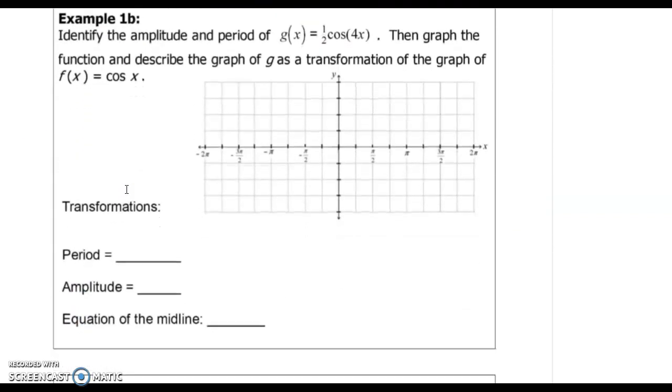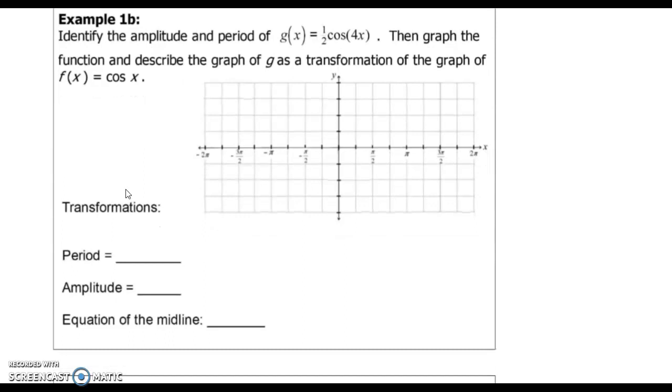So now if we look at 1b, identify the amplitude and the period. This one did have a horizontal shrink applied to it, so let's look at our transformations first. So here's our equation. Remember that we write horizontal translations first, then we do stretches and shrinks. So I would say it has a vertical shrink by 1/2.